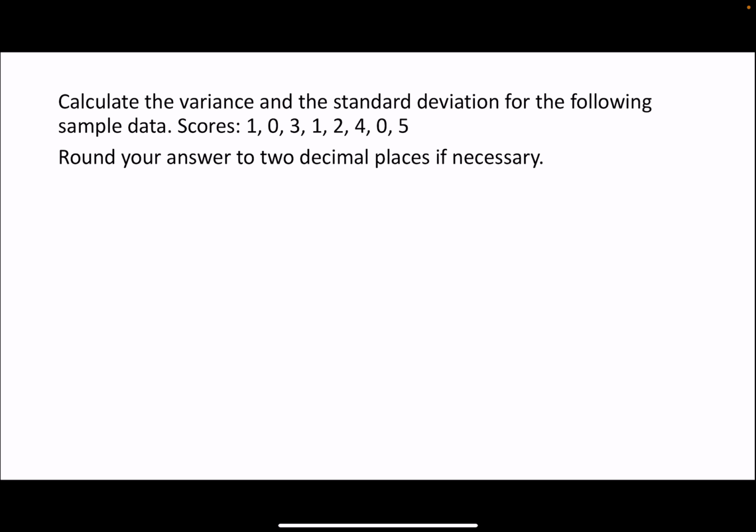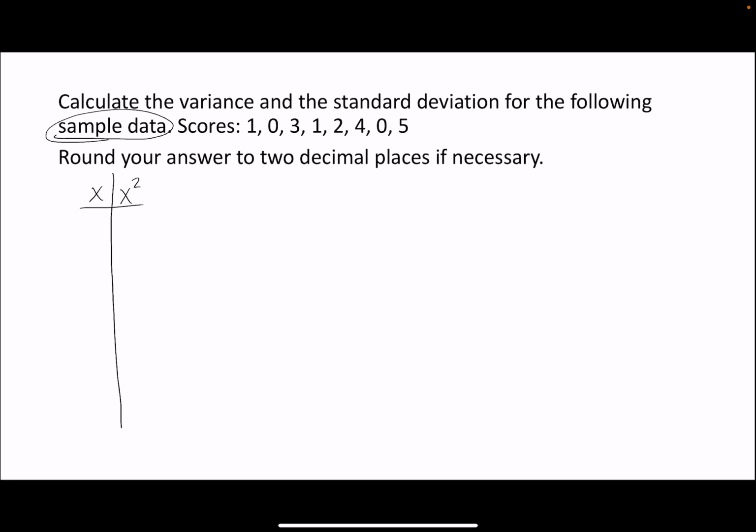Okay, and then our last question: we are going to calculate the variance and standard deviation again for sample data. So we're going to start off by creating our chart, and we're going to do our x's and our x squared here.